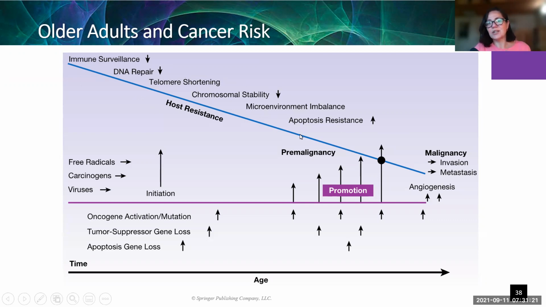Host resistance decreases over time also. And this is the explanation. So it's this combination of things. One, we've accumulated more mutations, and two, our mechanisms of controlling this inappropriate growth are decreasing. And so we're seeing more and more and more cancers the older the patient gets.